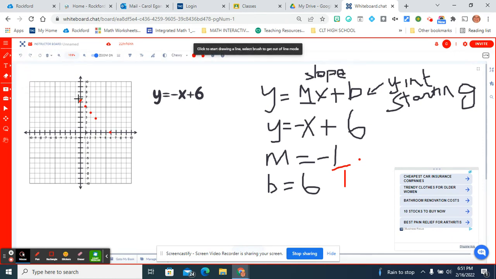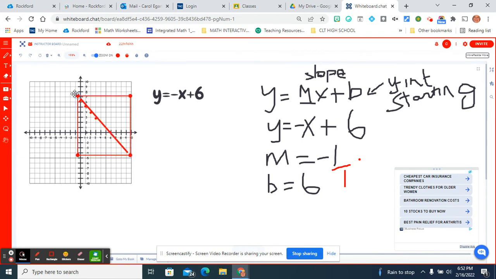Then if I connected these points, this would be my line. Usually when we draw the graph, we make it the full distance through the graph.